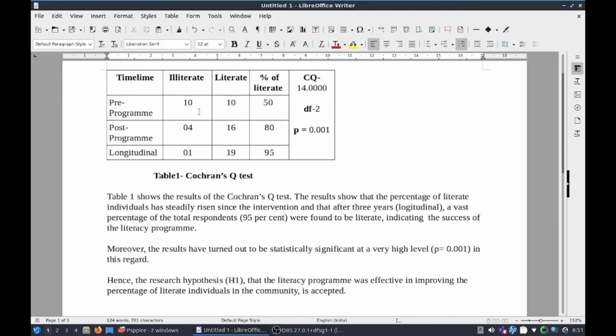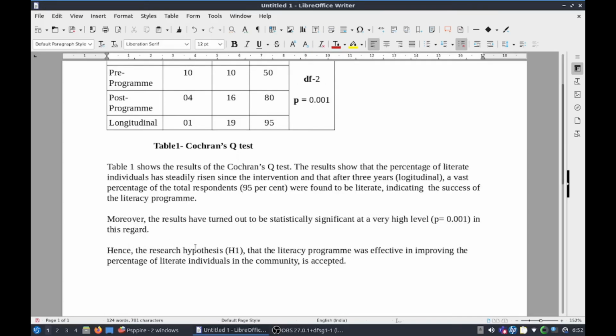Before the program, 50% of the population was illiterate. After the program, about a week later, it was up to 80%. In the long term, about 3 years later, the percentage of literate people was 95%, which indicates a success.